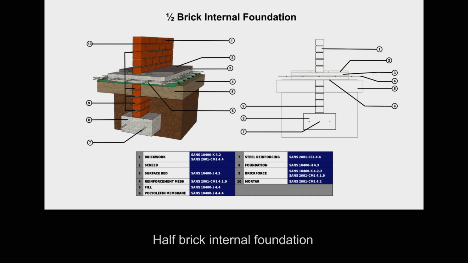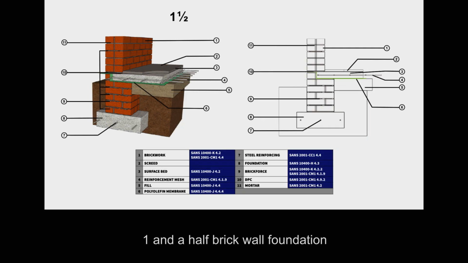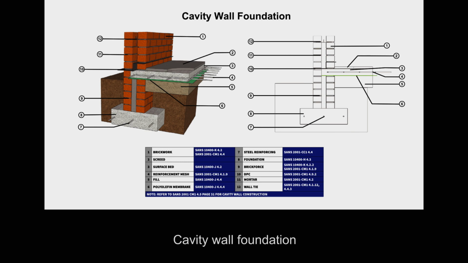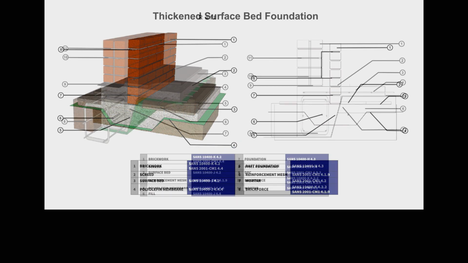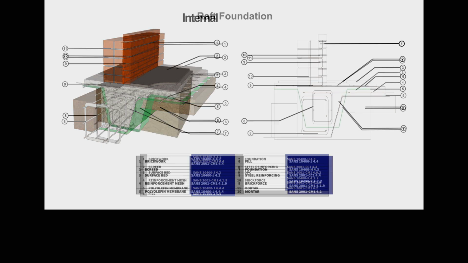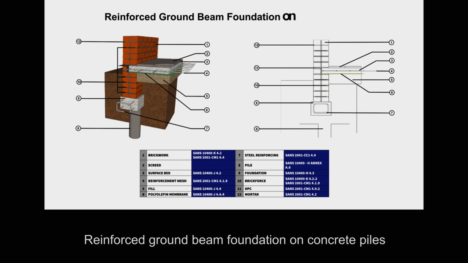Half brick internal foundation. 1 brick internal foundation. 1.5 brick wall foundation. Cavity wall foundation. Thickened surface bed foundation. Raft foundation. Internal raft foundation. Reinforced ground beam foundation on concrete piles.